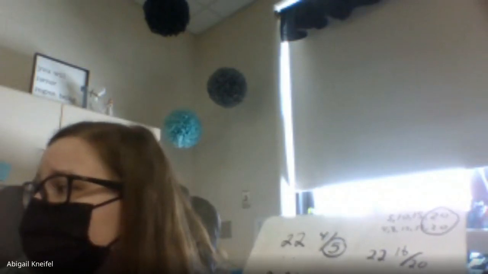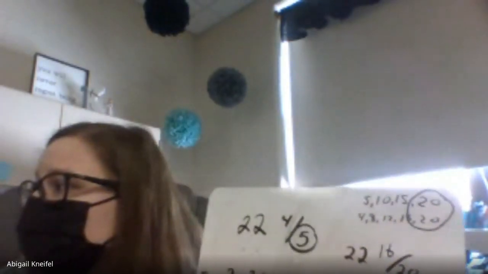Evan, let me see your board. Oh, you completely lost me. The least common denominator is 20. I don't even see that on your board. One of your denominators is 21 and one of them is 20. You need to stay organized.